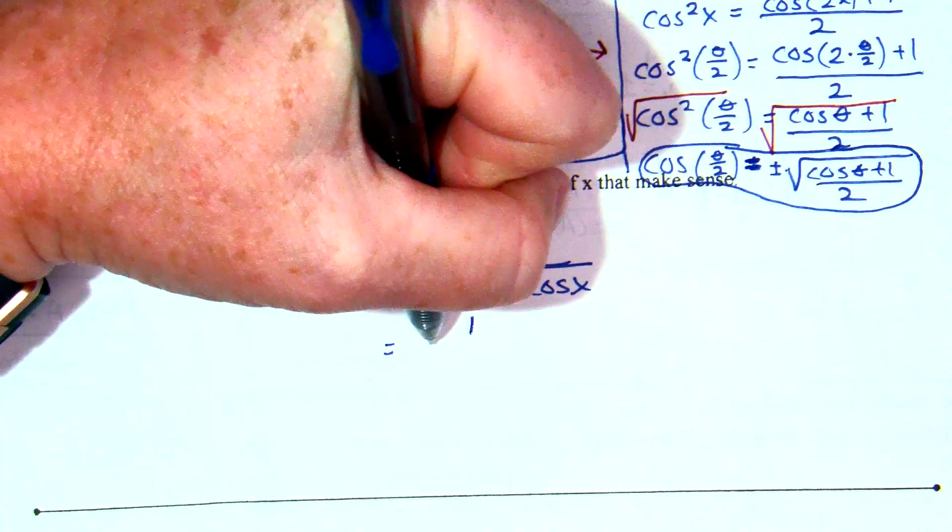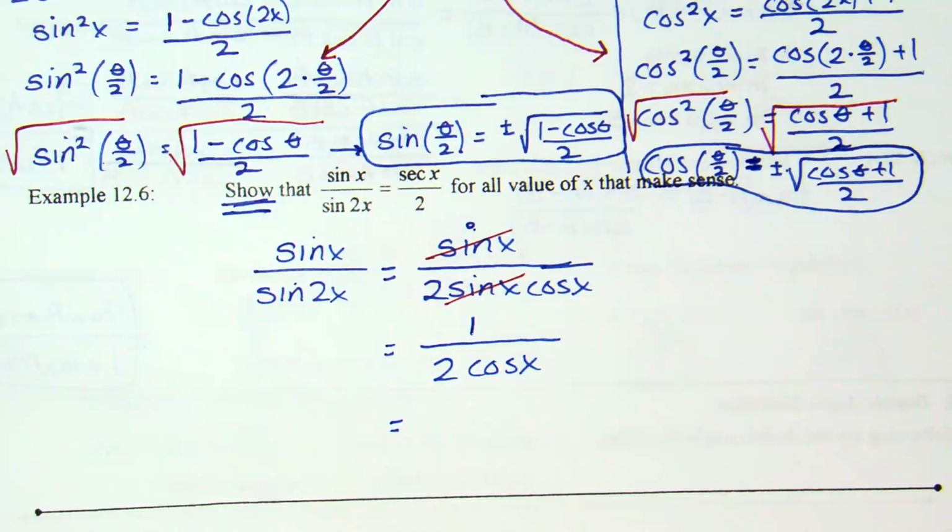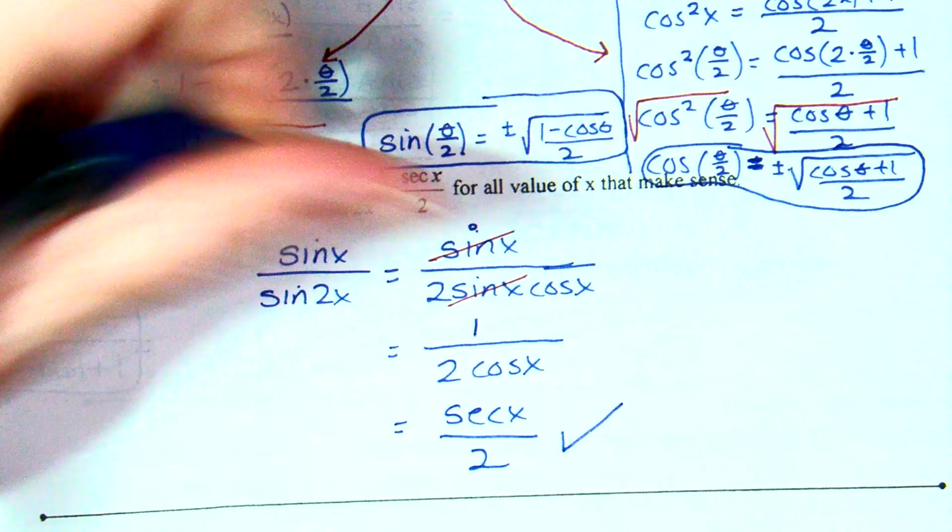And what do you know? Okay, yeah. Cosine x is a reciprocal of secant x, and so cosine x can move to the top and become secant x. What about the 2? It stays. And so now we have just shown that sine x over sine 2x is equal to secant x over 2.